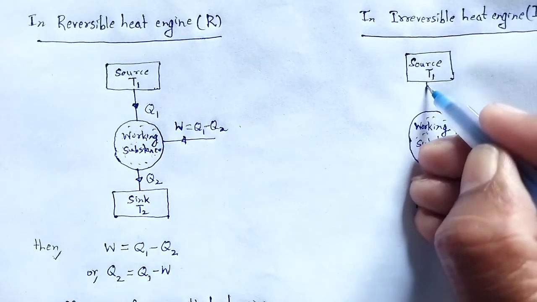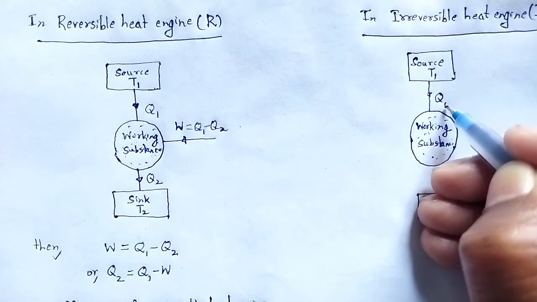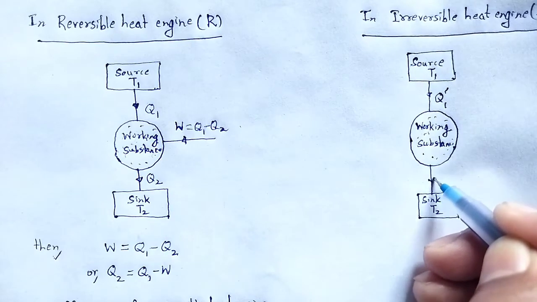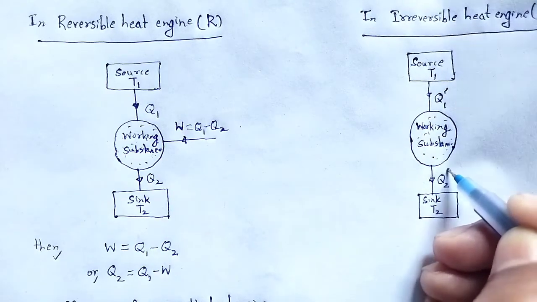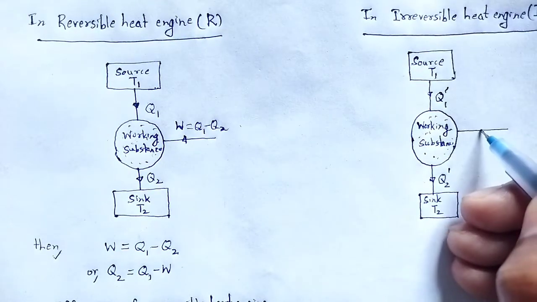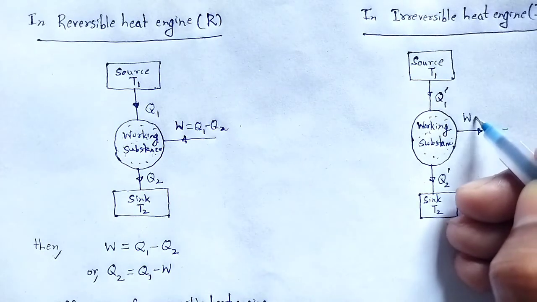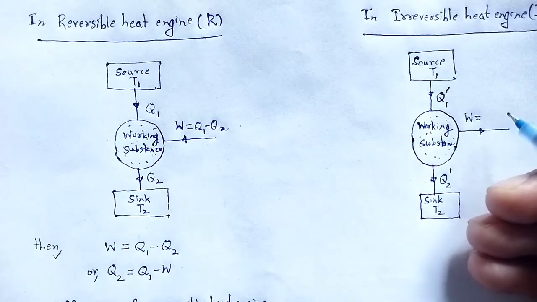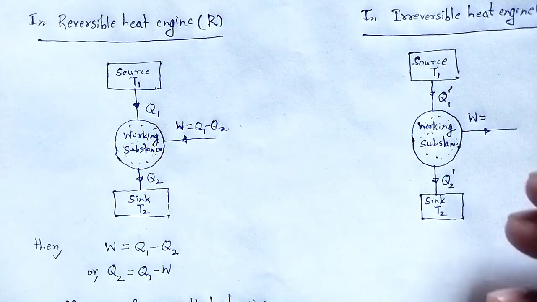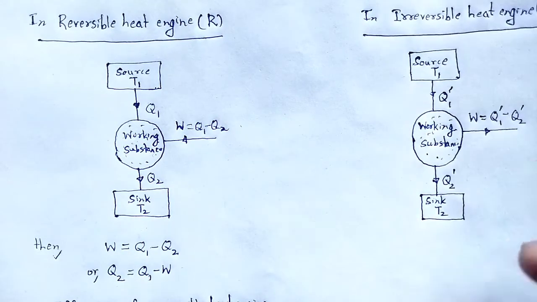Here is the heat Q1 dash, heat Q2 dash, and the work done by the system will be Q1 dash minus Q2 dash.